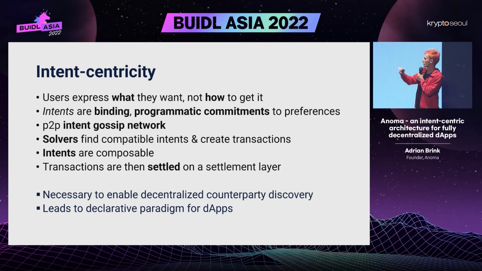Now there's a component called solvers. Solvers effectively look at the soup of intents, and they see which ones are compatible. And if the solver finds, let's say, 2 intents that are compatible, they can bunch them into a transaction and submit them to the settlement layer. But it could also be that they take 5,000 intents and settle them into a transaction on-chain.